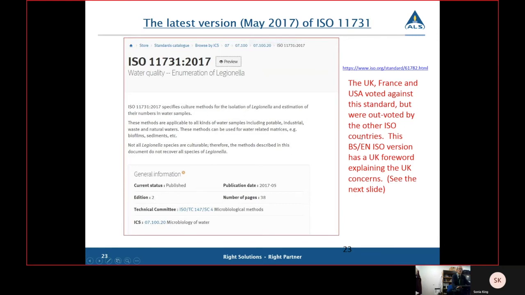There were some very small countries that voted, and it's not done on a population weighted basis. So this BS EN ISO version has a UK foreword. If it's published by EN, we have to publish it, but we're entitled to put our own foreword in to say why we disagree with it, which we did.